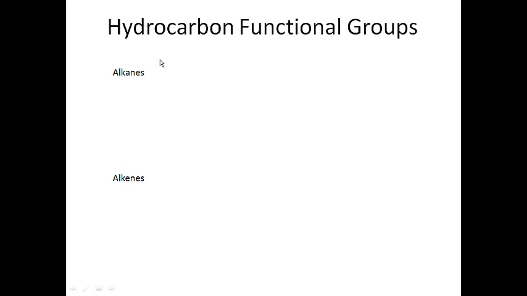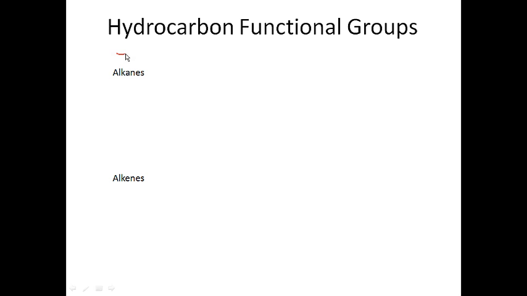So before we get into the nuts and bolts of organic chemistry, let's talk about how organic chemistry has been typically organized through the years. And it's been organized according to what are called functional groups.